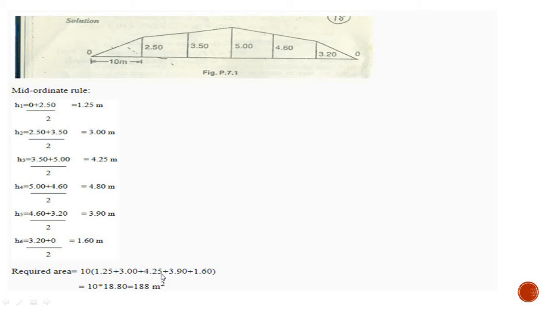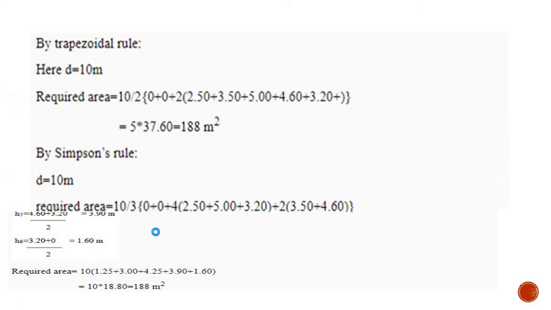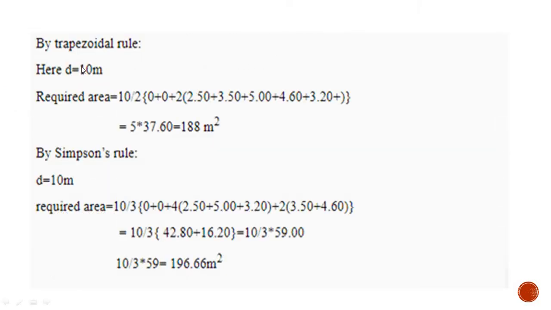Okay, so if you forget to mention the unit, then there are chances that you might lose your marks in examination. So be careful for that. Then next one, the question said to find out the area by following trapezoidal rule.